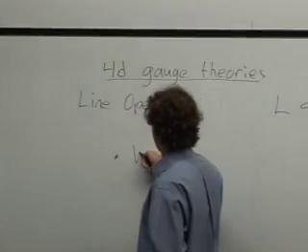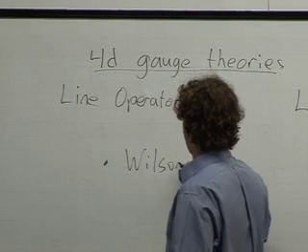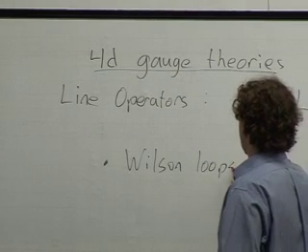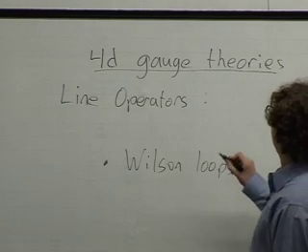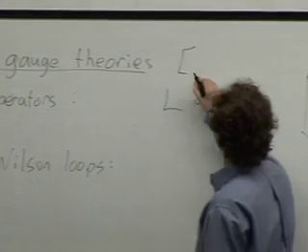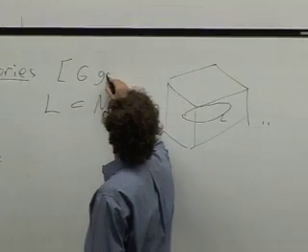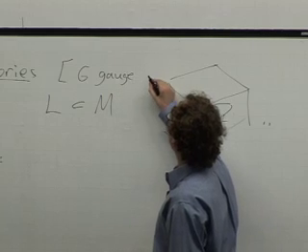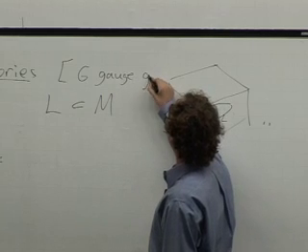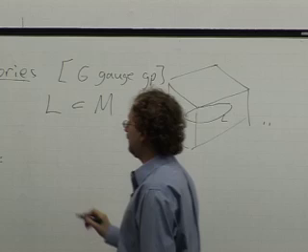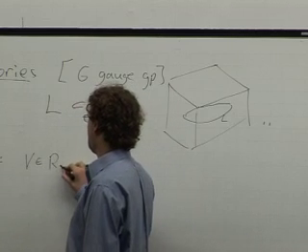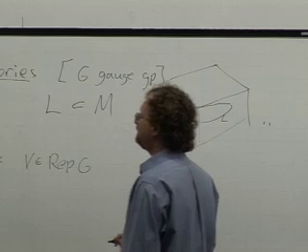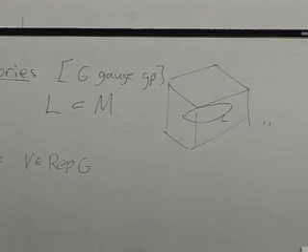So the first kind are called the Wilson loops, and the Wilson loops are given as follows. We're looking at a gauge theory with gauge group G, or rather its compact form. If we pick V, a representation of the group G, then we can make the following calculation.